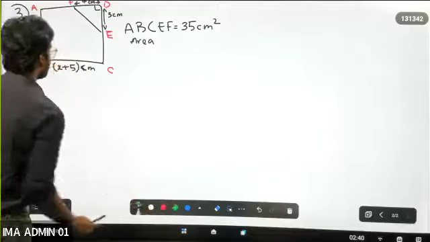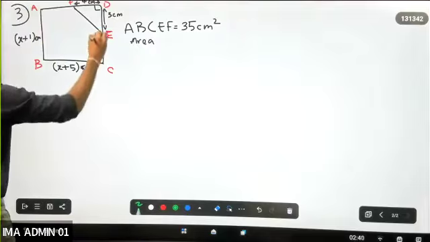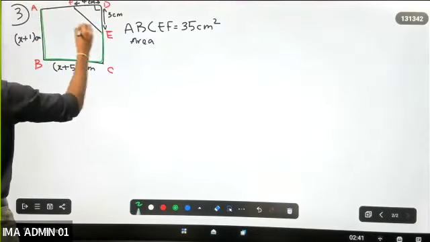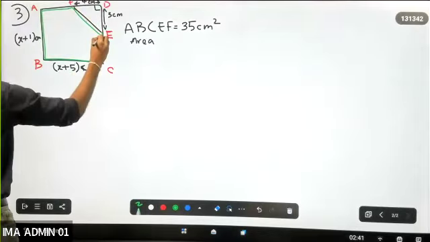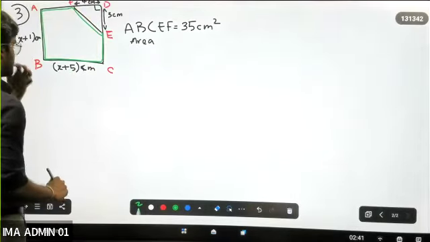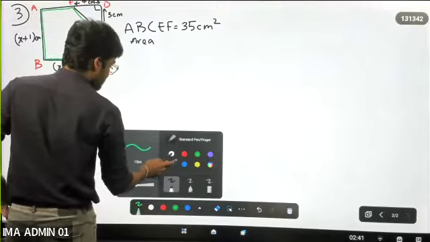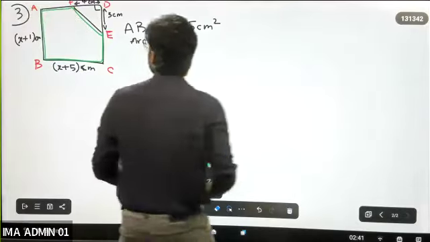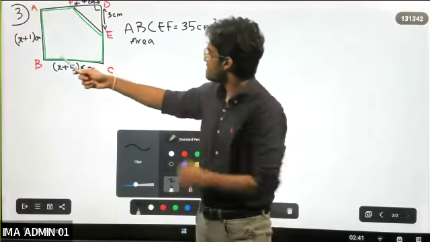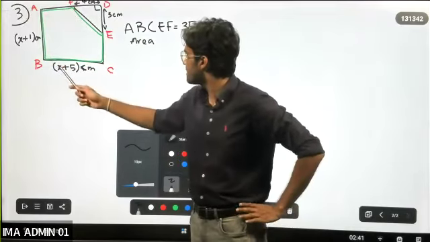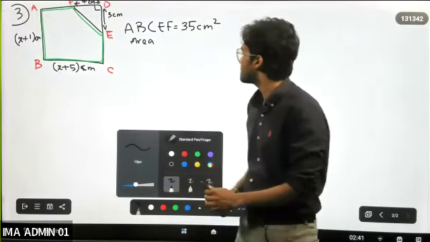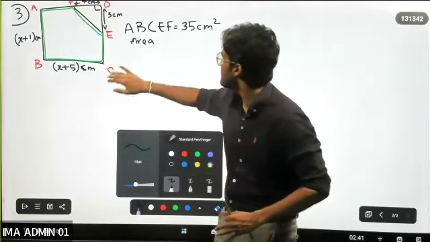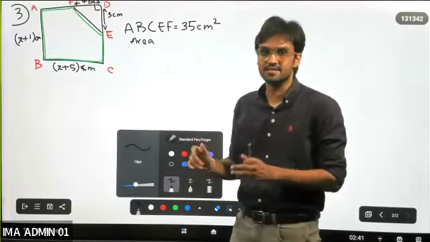What is A, B, C, E, F? This part is given as 35 square centimeters. So what can we do out of this given lamina? With the given x plus 1 centimeter and x plus 5 centimeters, we could find the total area of this ABCD rectangle.